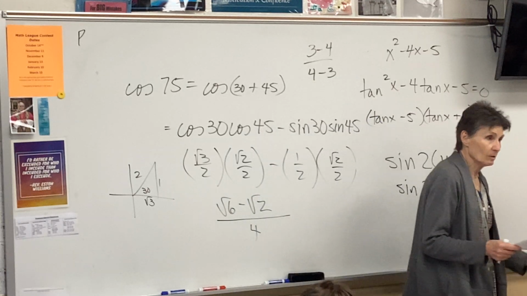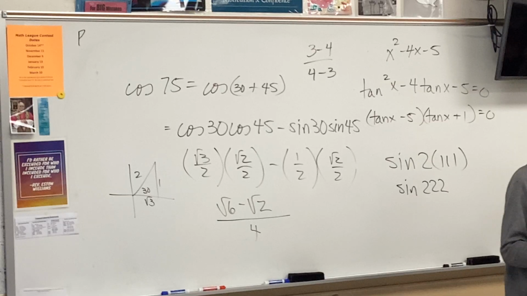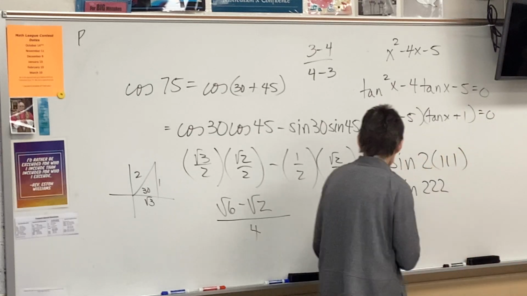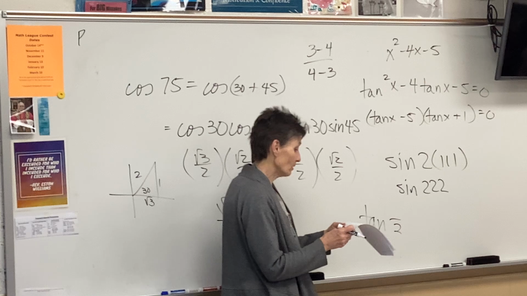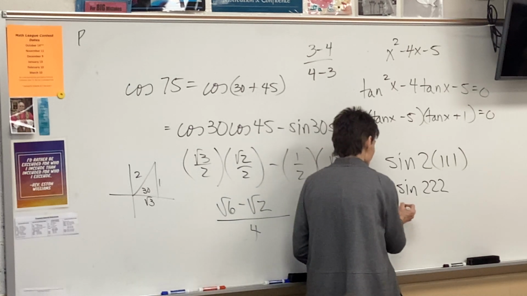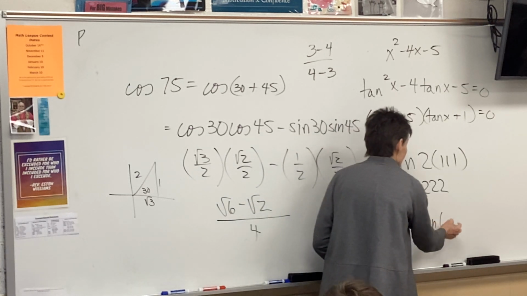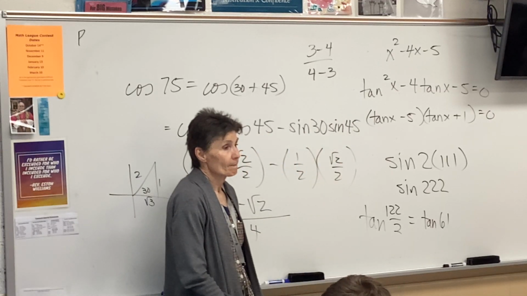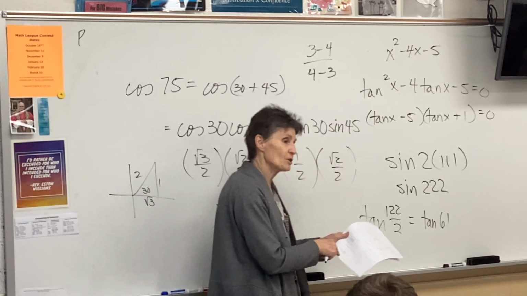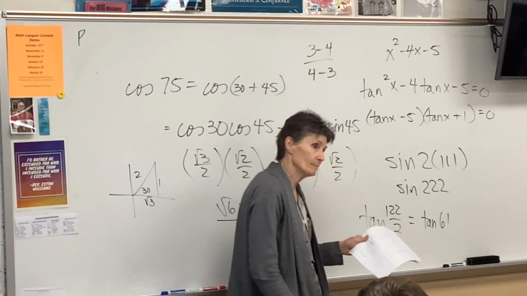I have a big radical, and I have 1 minus cosine over 1 plus cosine. What is that the formula for? So it's tan angle over 2. What's my angle? 122. So this is the formula for the tangent. This is gonna be found on your sheet somewhere.